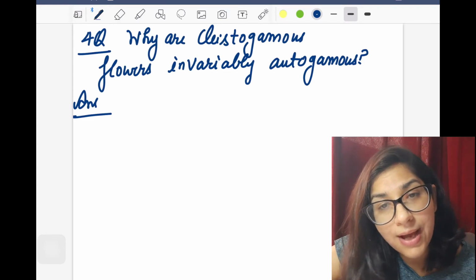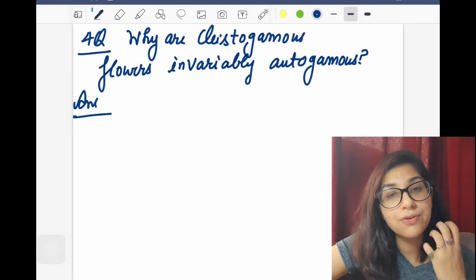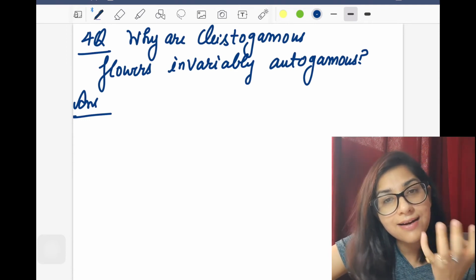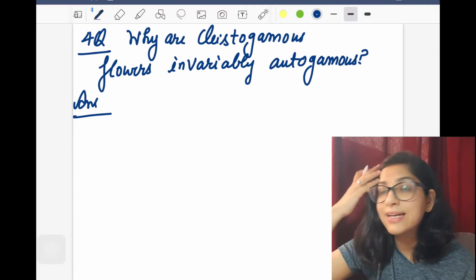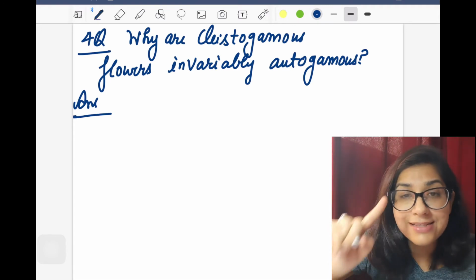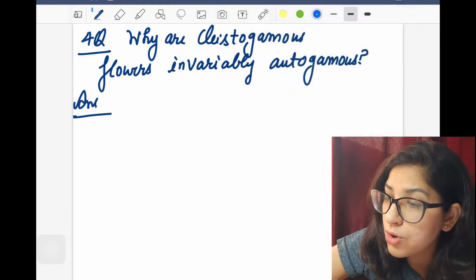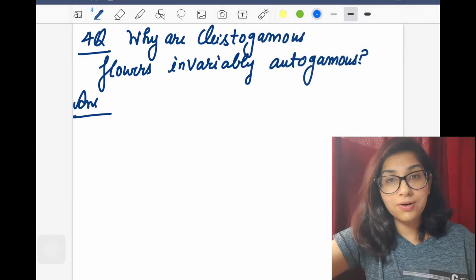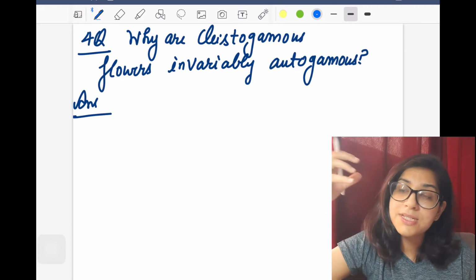What is Cleistogamy? It is a flower which is enclosed, in which the sex organs are in a completely closed flower. So it means the flower is bisexual. First thing, always mention to your checker or teacher what you know about the term Cleistogamous.